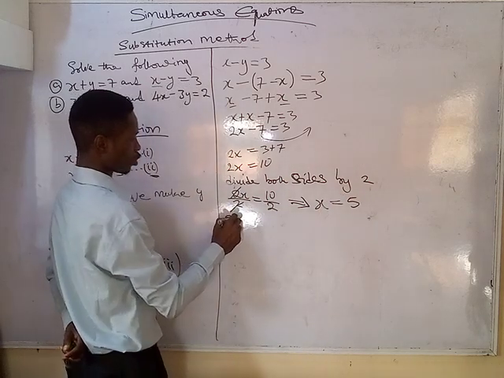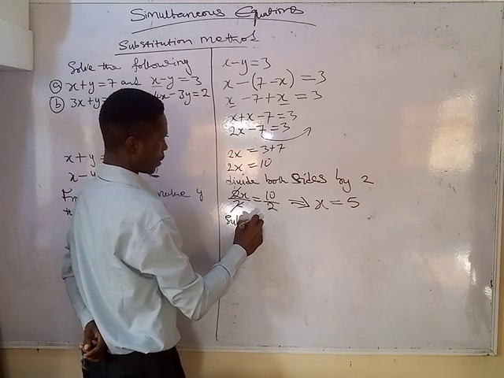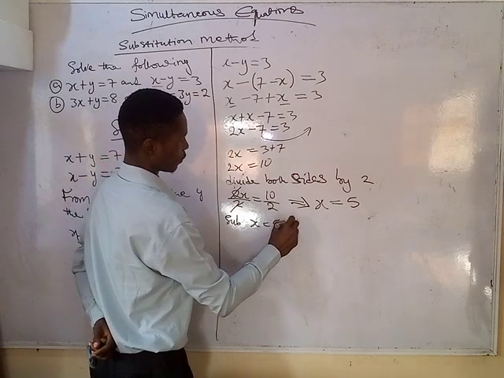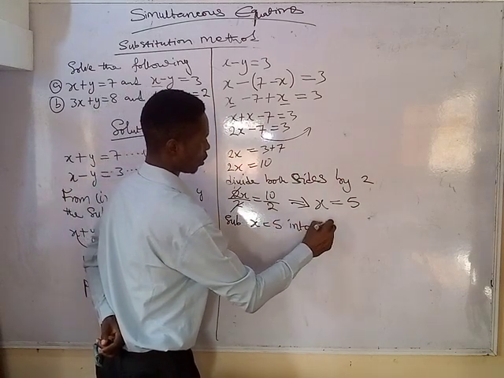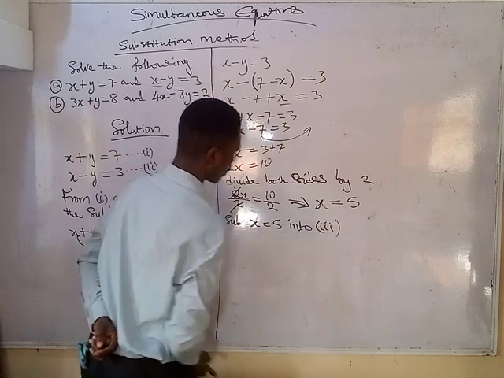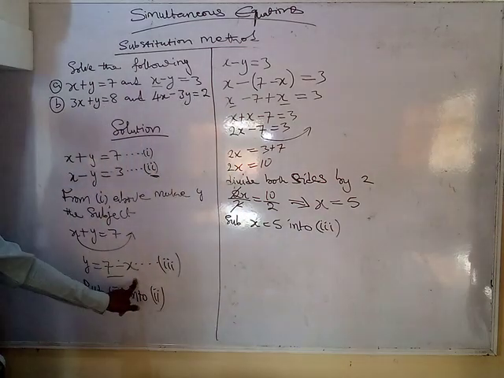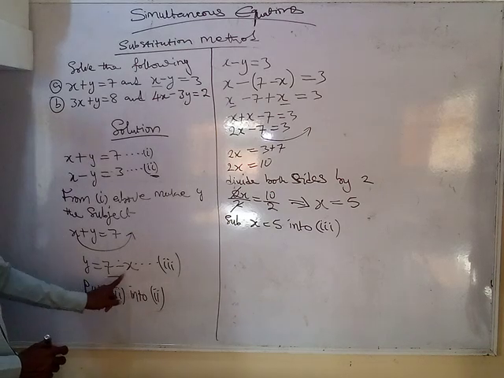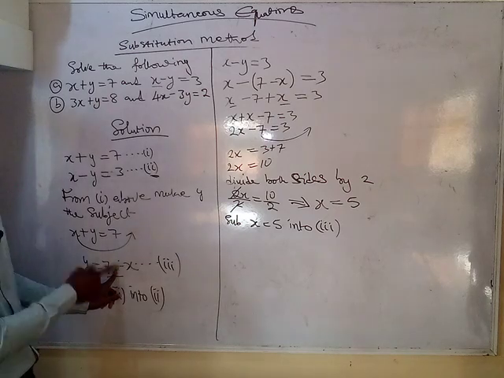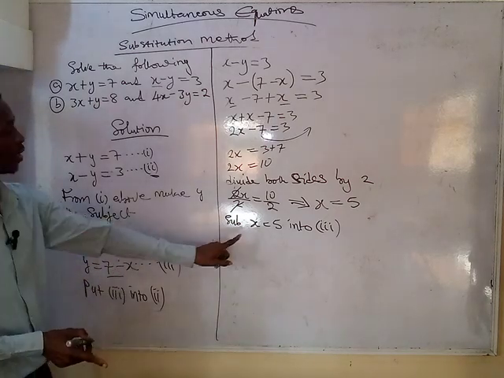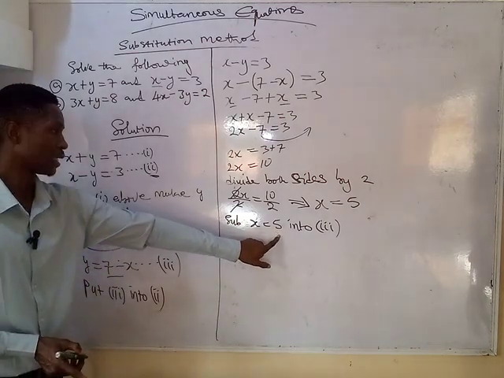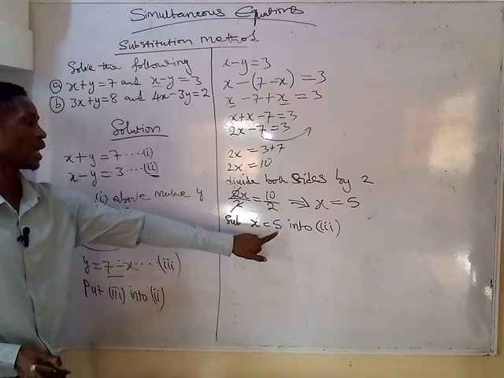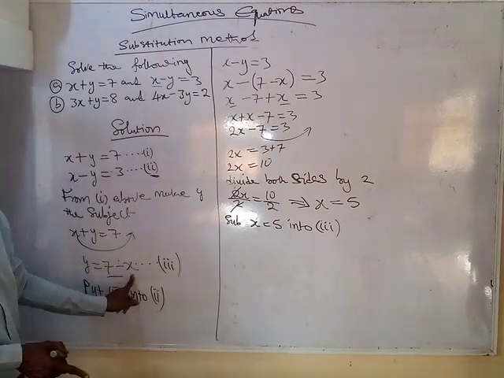So we now say solve x equals 5 into equation 3 that we found. Here is equation 3, where y is equal to 7 minus x. But since what we are looking for is y, not y mixed with another variable, and we already found x, all we do here is to substitute the value of x, which is 5, for x here.